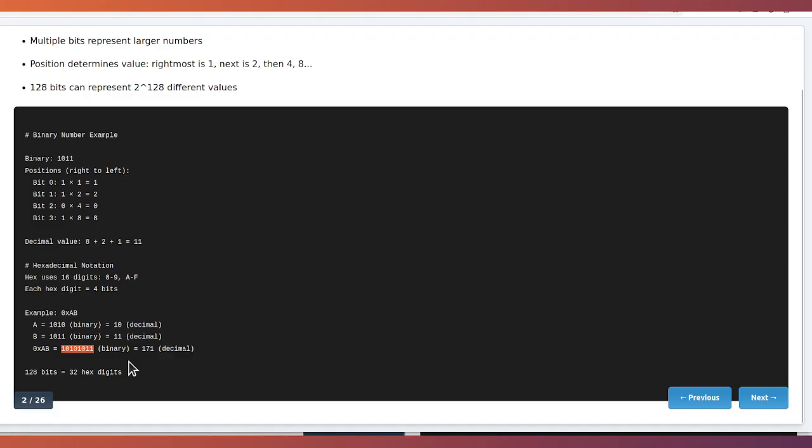To convert this to decimal, we calculate 1 times 128 plus 0 times 64 plus 1 times 32 plus 0 times 16 plus 1 times 8 plus 0 times 4 plus 1 times 2 plus 1 times 1, which equals 128 plus 32 plus 8 plus 2 plus 1, which equals 171 in decimal. This shows how hexadecimal provides a compact way to represent binary numbers, making it much easier to work with large values like the 128-bit numbers used in GHASH.